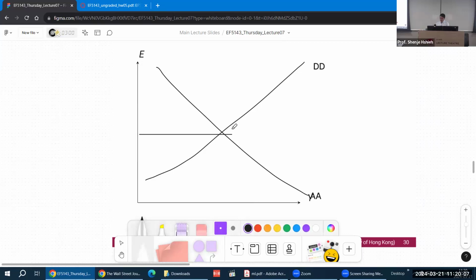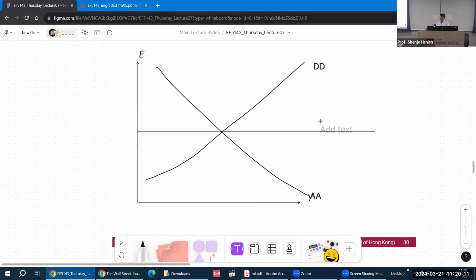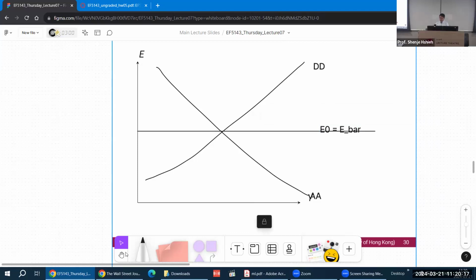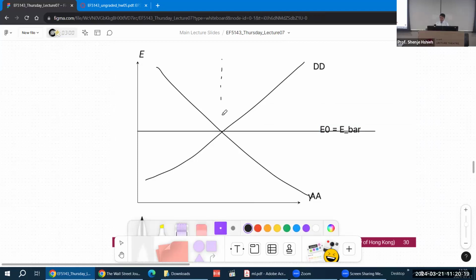So suppose we've committed to this exchange rate level. This is E naught equals E bar.